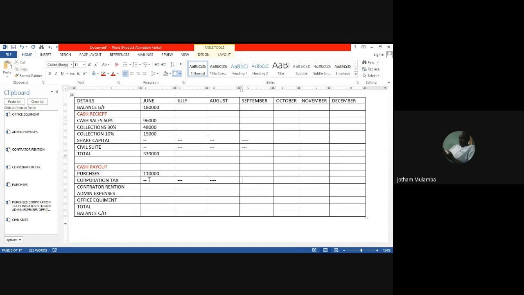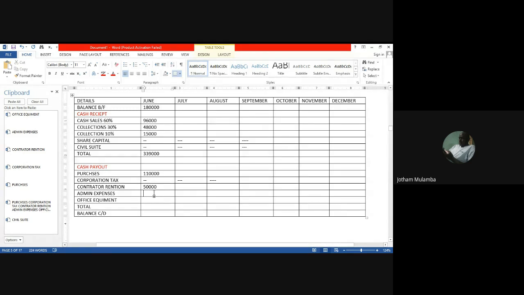We deal with it once we get to September. Now we come to contractor retention. Contractors' retention monies amounting to 50,000 shillings will be paid on 30th June 2016. That means we pay 50,000 this month. Yes, 50,000. Now we go to administration expenses.